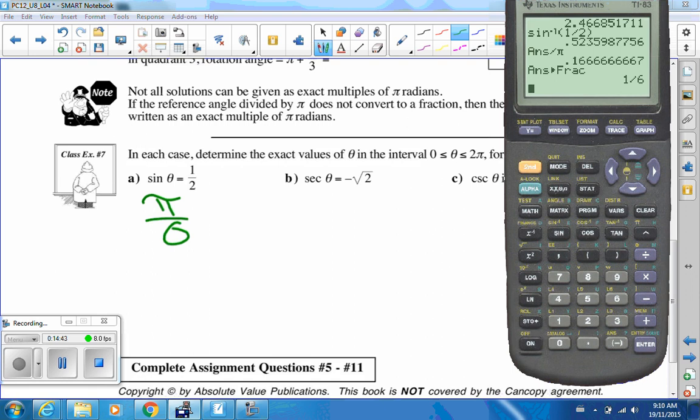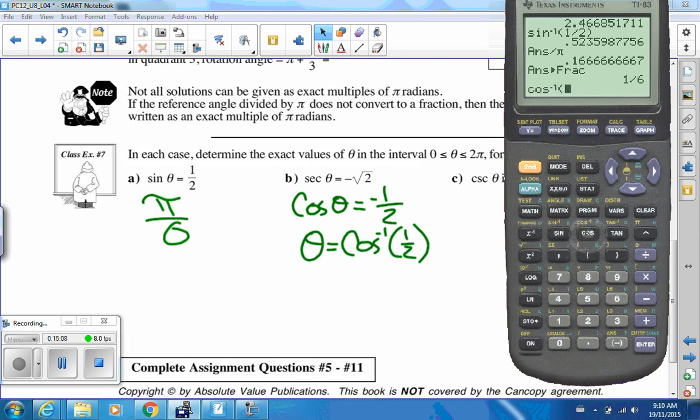For this one, I go secant theta equals negative root 2. That's really silly. What I really care about is cosine theta equals negative 1/2. And now I just need to go theta equals cos negative 1 of 1/2.